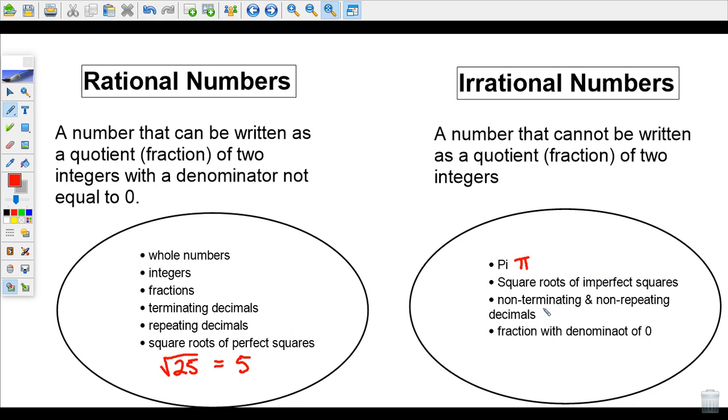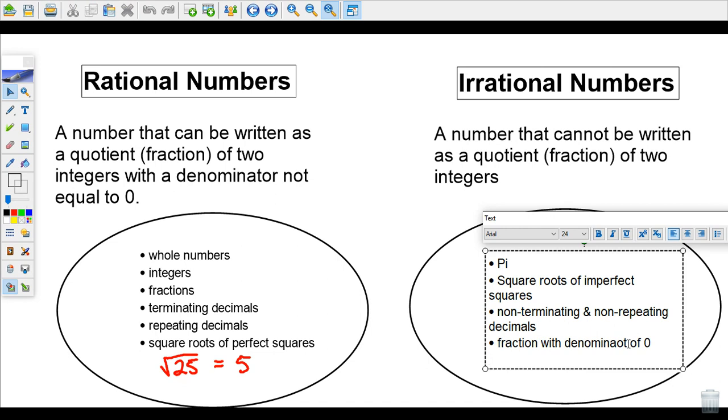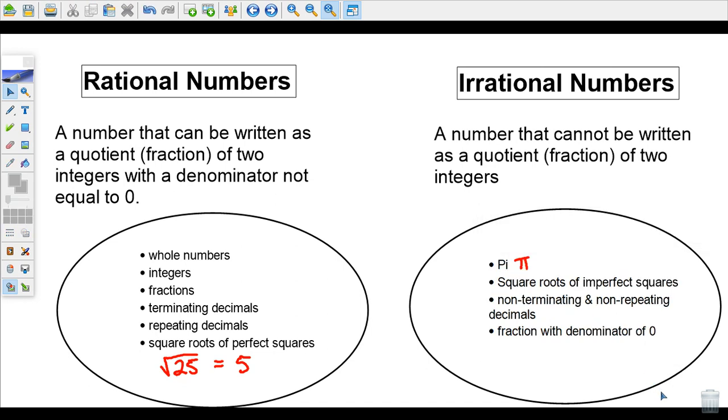Any decimals that do not terminate or do not repeat, much like pi, are irrational numbers. And fractions with a denominator of 0 are also considered irrational. So dividing by 0 results in an irrational number.